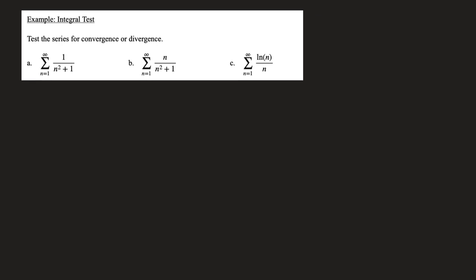Let's practice more integral tests right here. The second one: a_n is n over n squared plus 1, so f(x) is x over x squared plus 1. You sketch this graph using the graphing calculator.